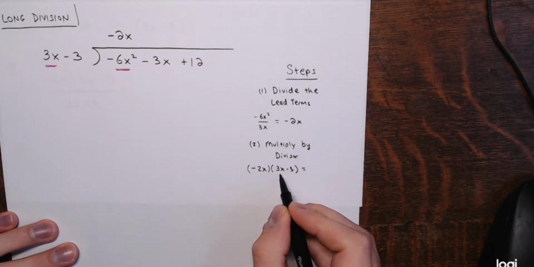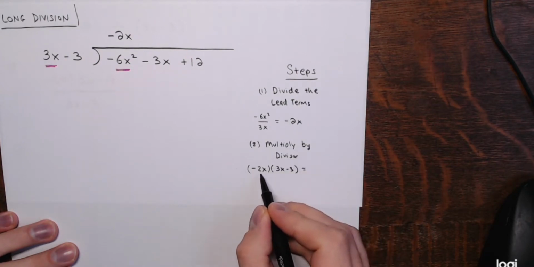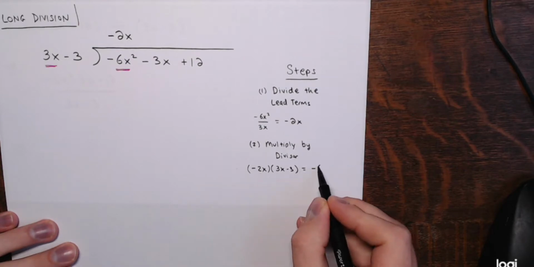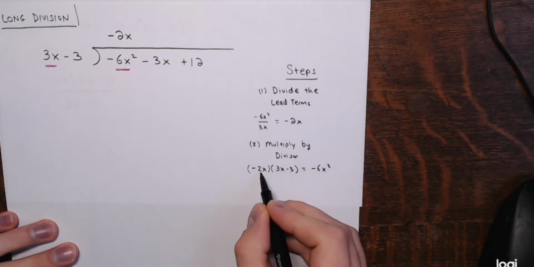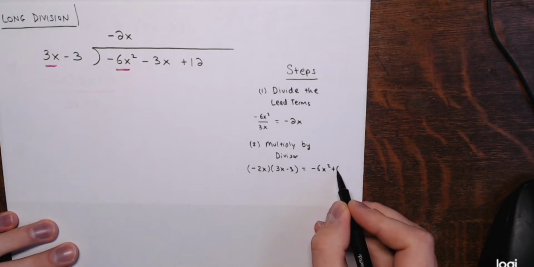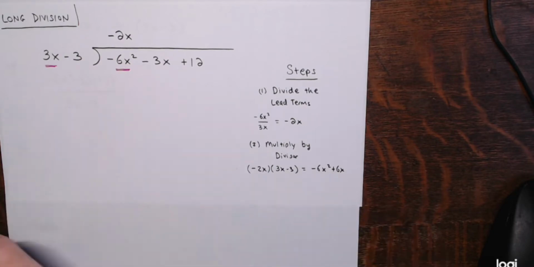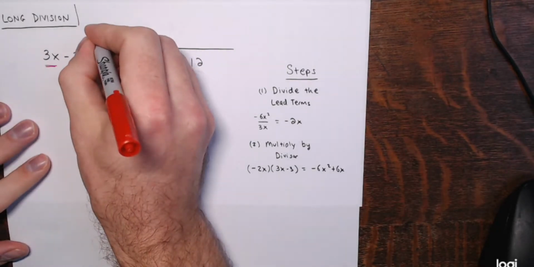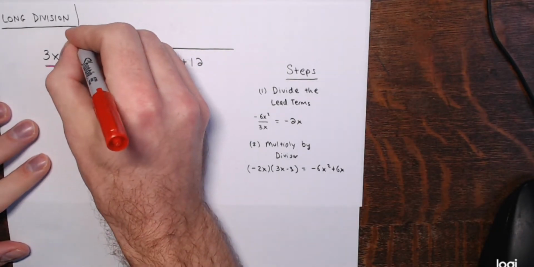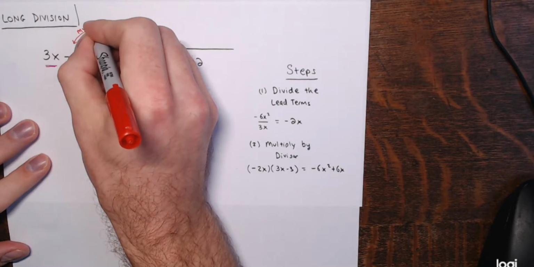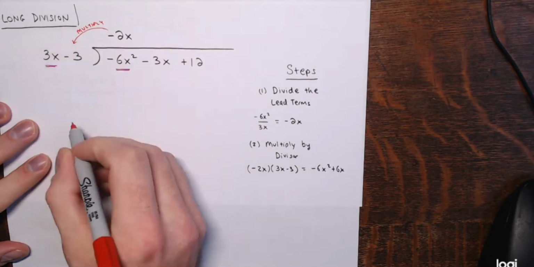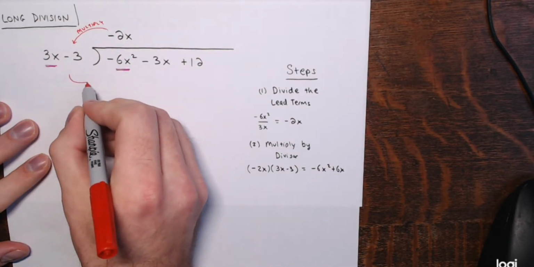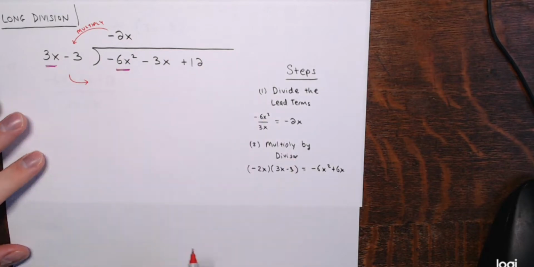So I'm going to be distributing. It's going to be negative 6x squared and then plus 6x. So up here, though, I'm going to write it like this. We're going to take the term we just wrote, multiply by the divisor, and write the result underneath the dividend.